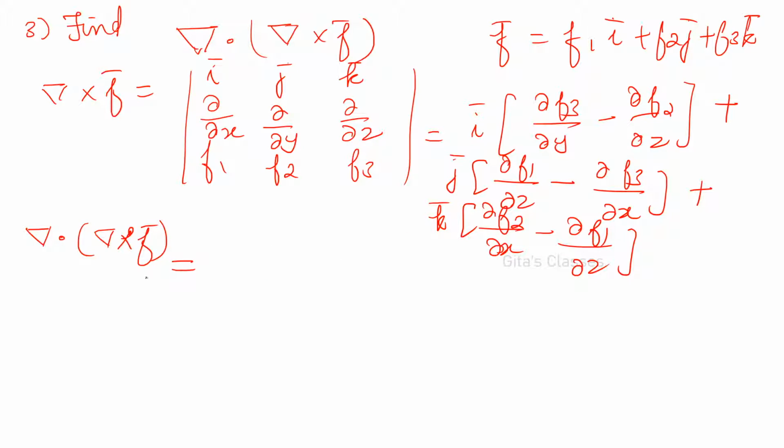This is one vector, right? So I am going to write directly here. Dou by dou x of this term, dou by dou y of this term and dou by dou z of this term.